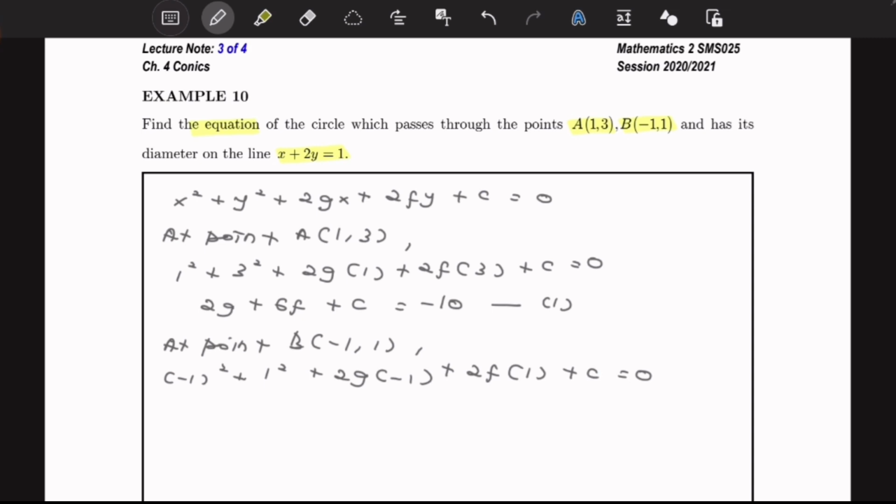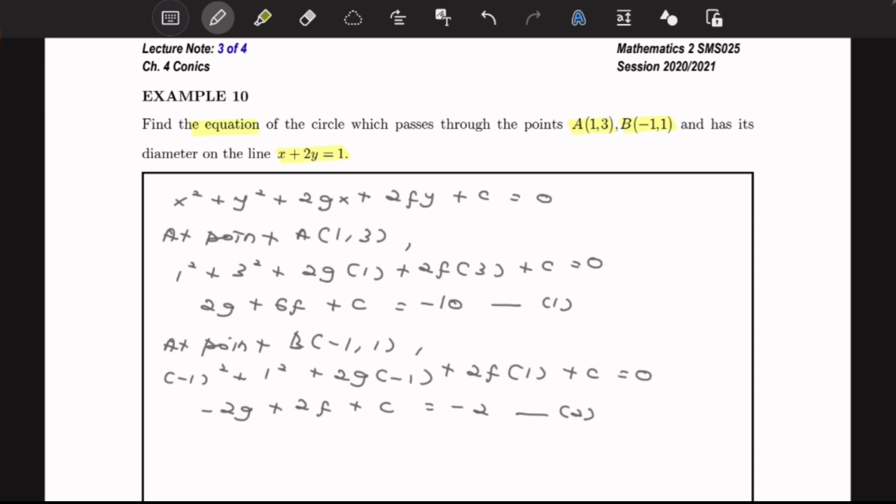So the equation will be -2g plus 2f plus c equals to -2. Label it as equation 2.